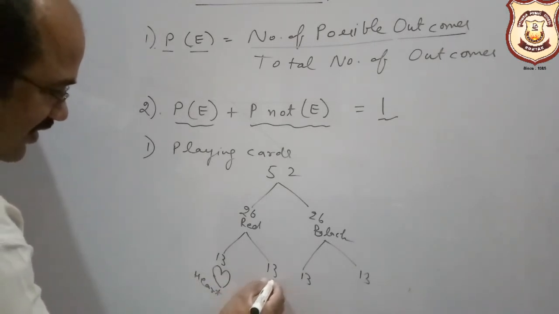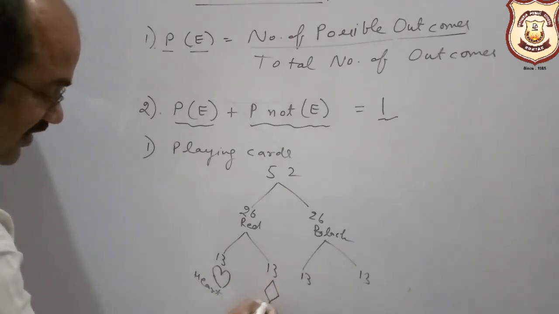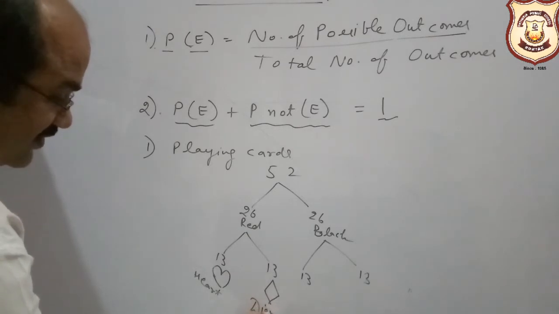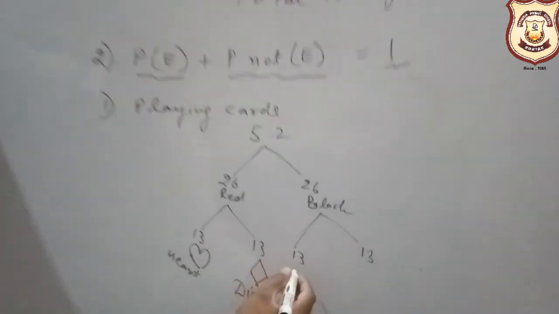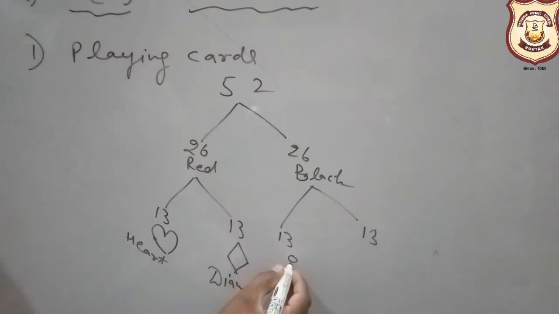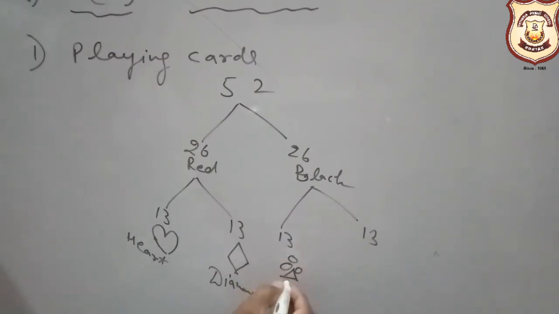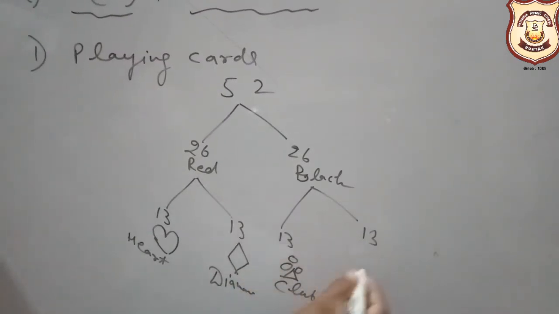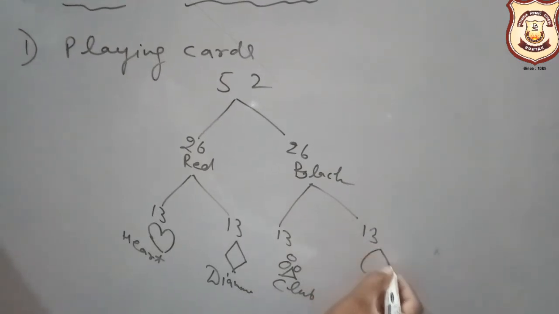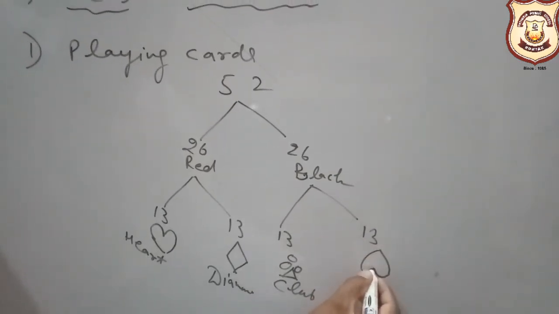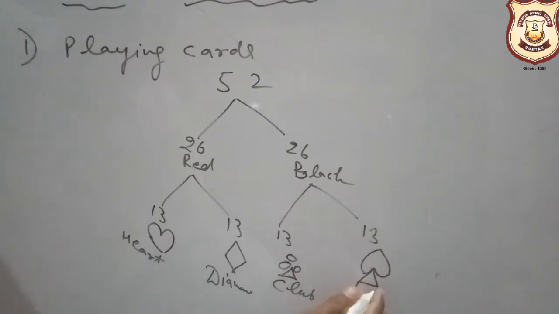This one like this, diamond. This black one like this, club. This one shaped like this is spade.